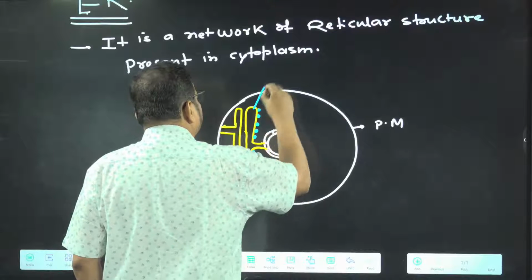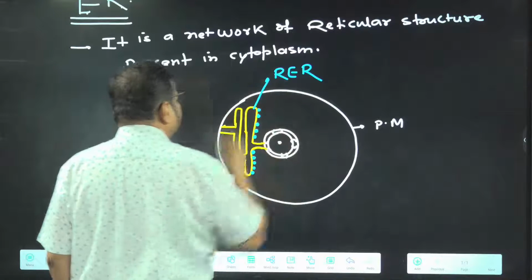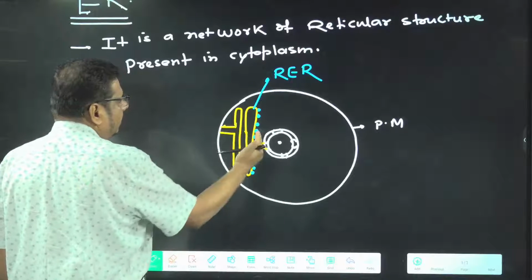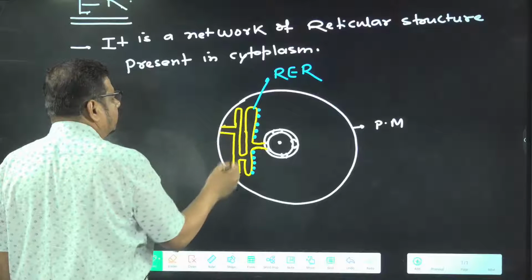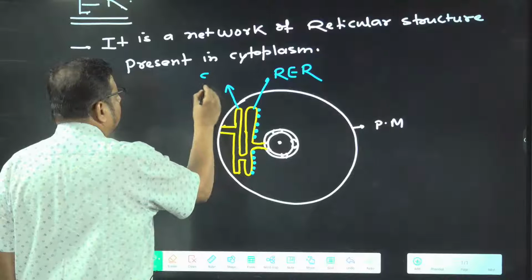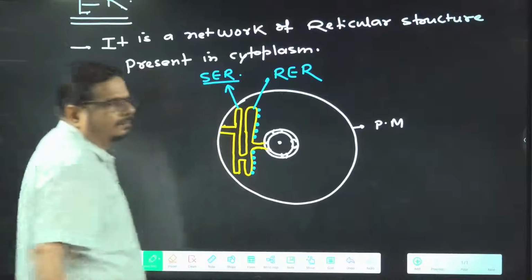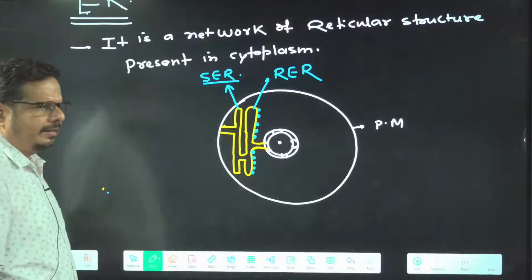This part is called RER, rough endoplasmic reticulum. And toward the plasma membrane, this granular deposition is not there. This part is called SER, smooth endoplasmic reticulum. Is it clear? It is all right.